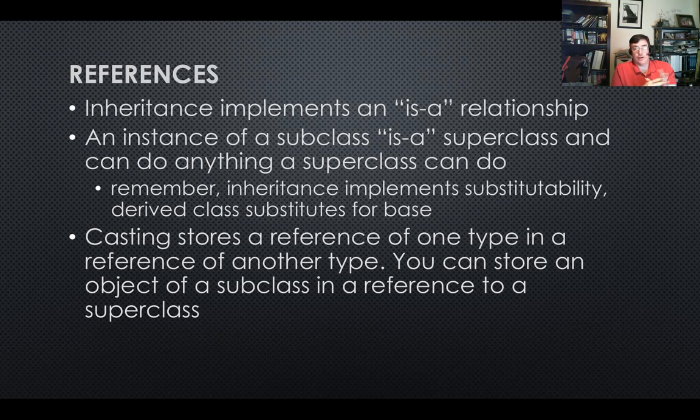You can also store a reference to a subclass in a reference to the superclass. So if I have a variable of type simple robot, I can store a reference to George in a variable of type simple robot because George is a simple robot. George can do anything a simple robot can do. George can do a few things simple robots can't, but it can at least do everything that a simple robot can do.